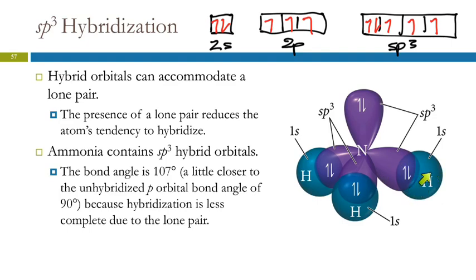Now this would have a tetrahedral shape, 109.5 degrees, but it's less than that because the hybridization is less complete because of the lone pair. So it's a slightly different explanation of the change in bond angle than Lewis or VSEPR theory had. Any questions?